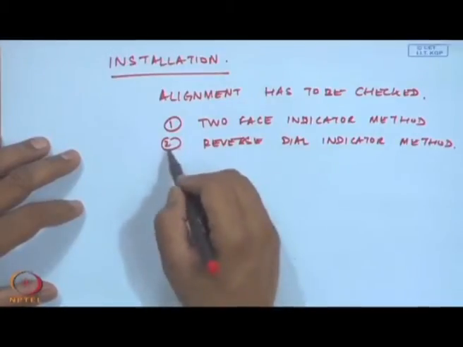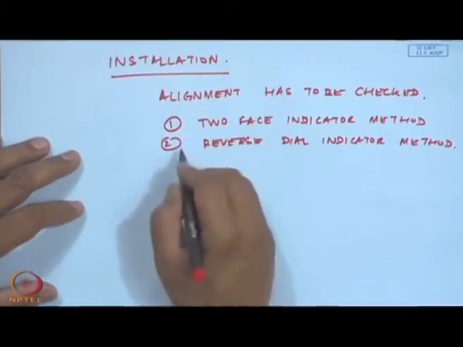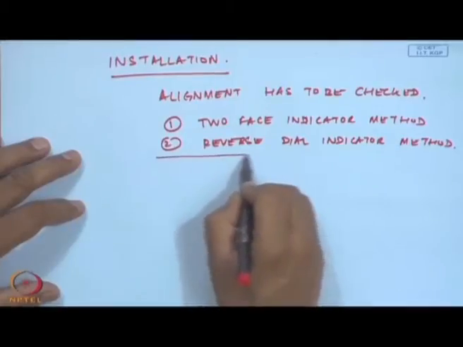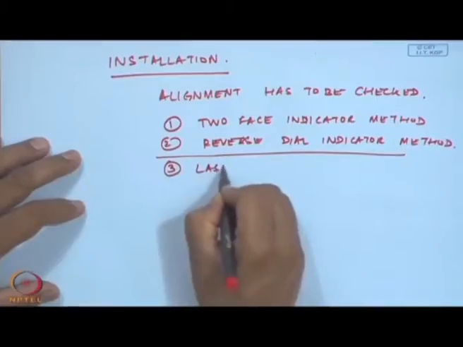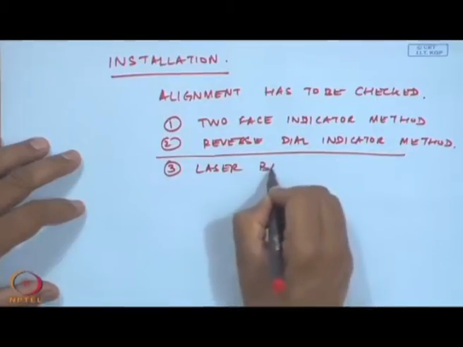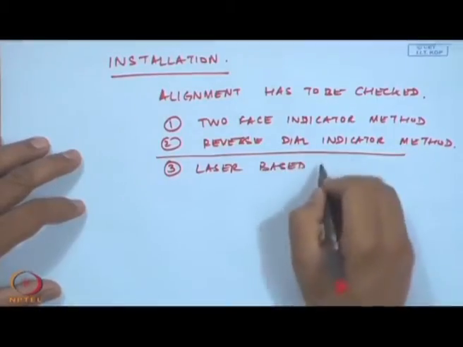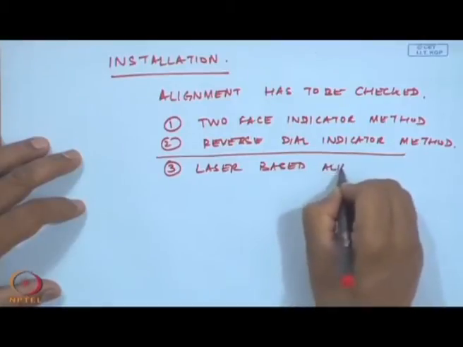Another method is the reverse dial indicator method, which is very popular, but of late people are using what is known as the laser based alignment system.